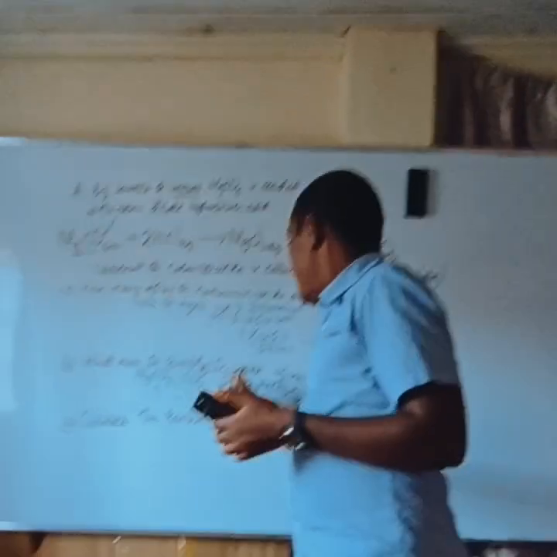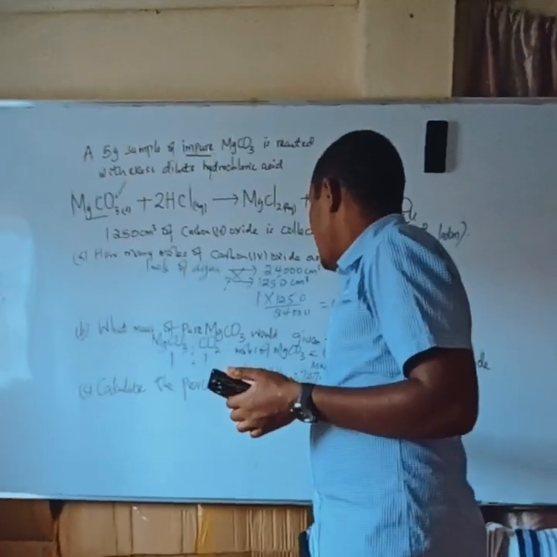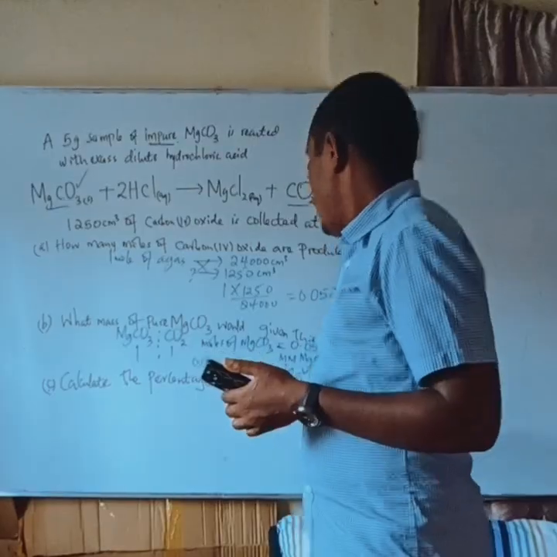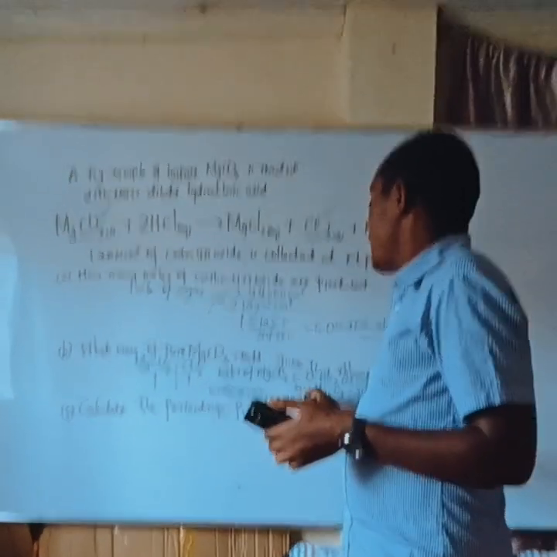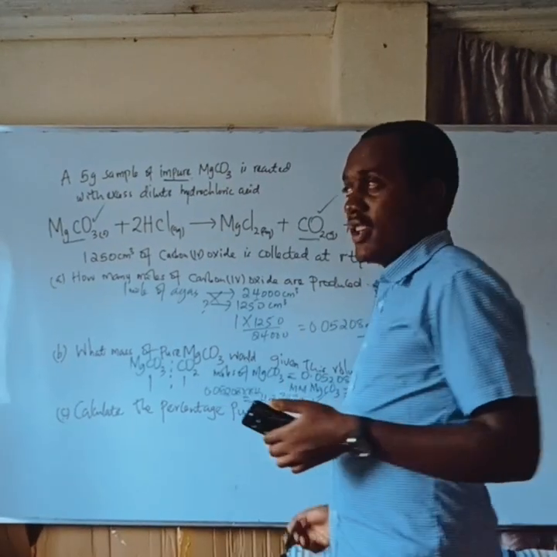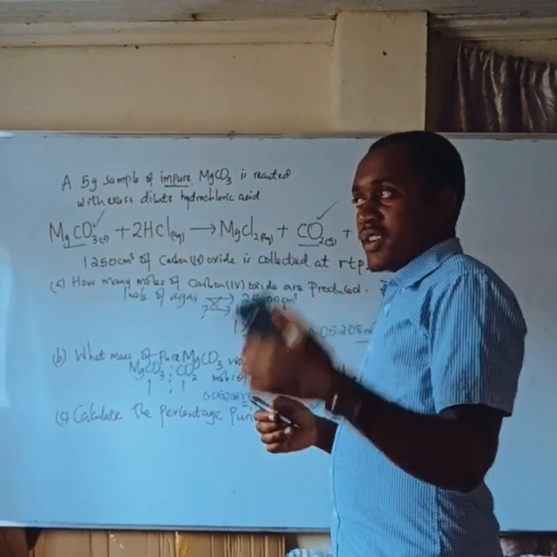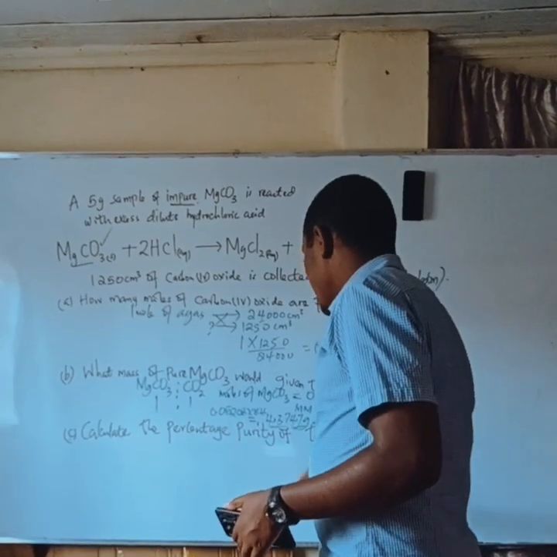So the pure carbonate that reacted is 4.3747 grams. This is stoichiometry, the relationship of reactants and products. So this is the mass of magnesium carbonate.